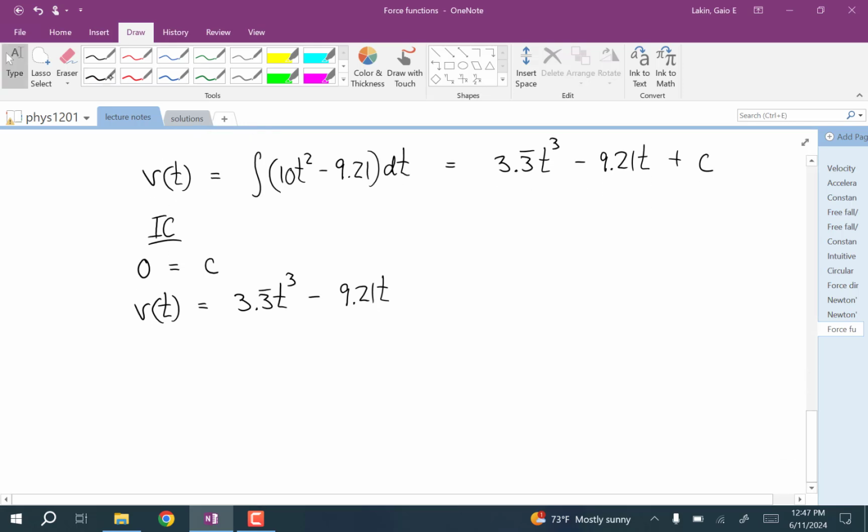And now to get position as a function of time, we can integrate again. So position as a function of time is the integral of 3.3 repeating t cubed minus 9.21t dt.